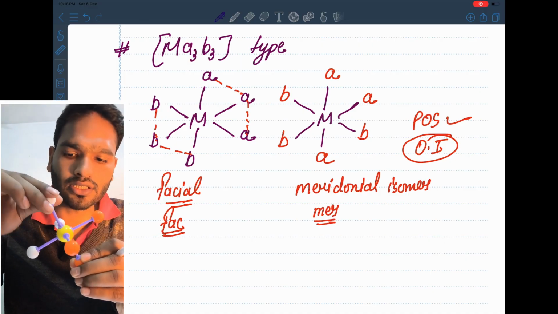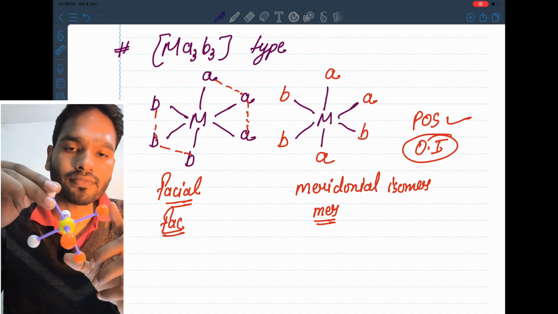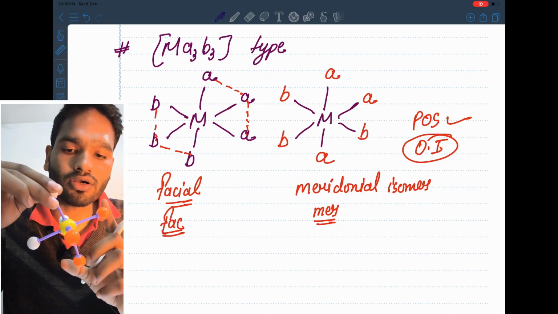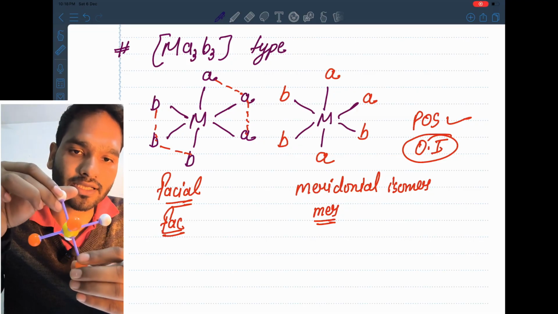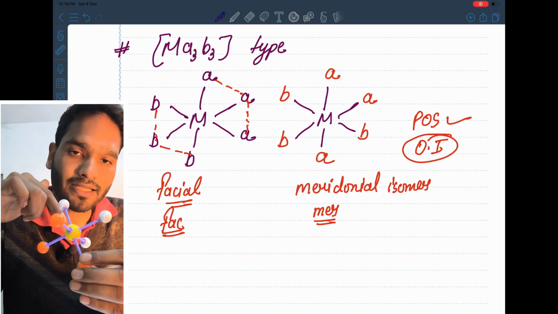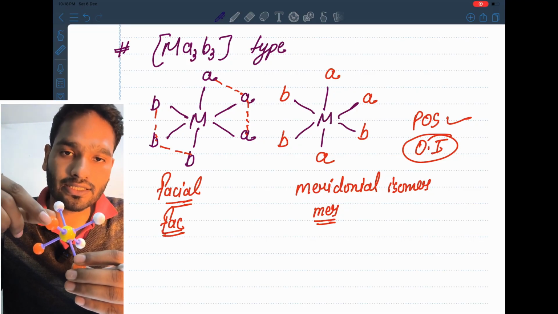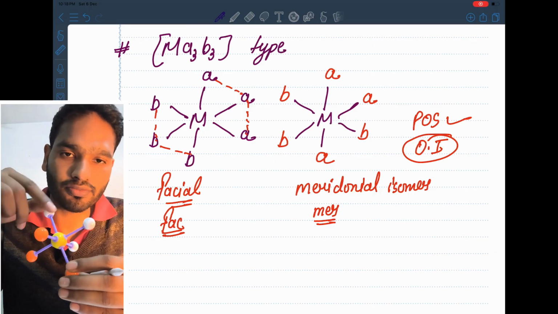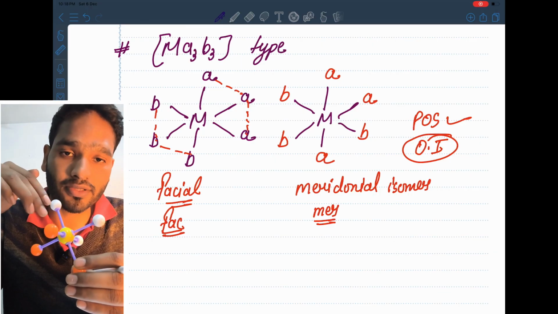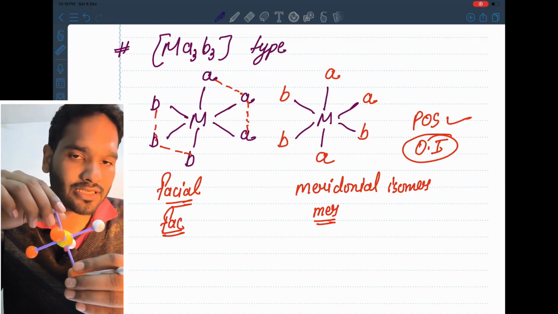If the plane is passing like this, cutting this atom and this atom, again you can see this is not reflecting this. If the plane is passing from this side, this atom should be the same on this side, and this atom should be the same on this side. It means reflection should be there, but in this case also reflection is not there.